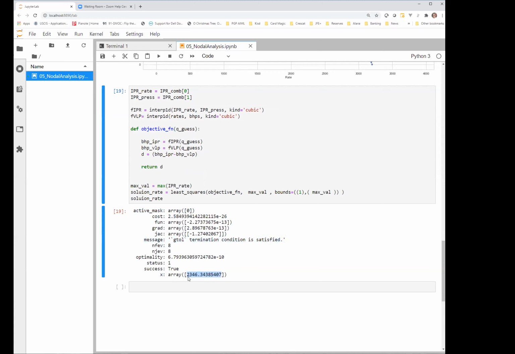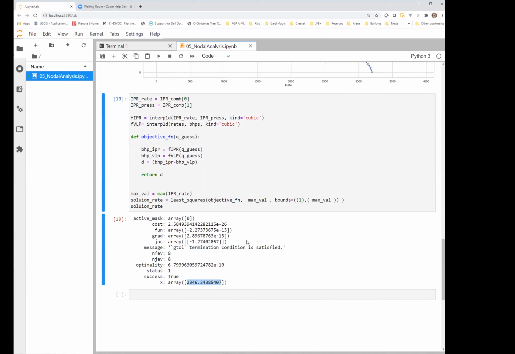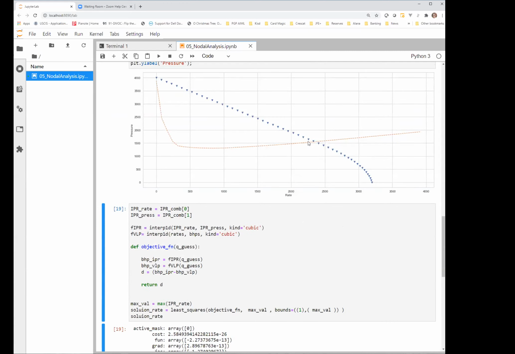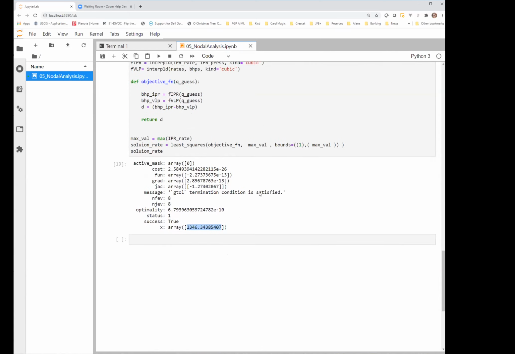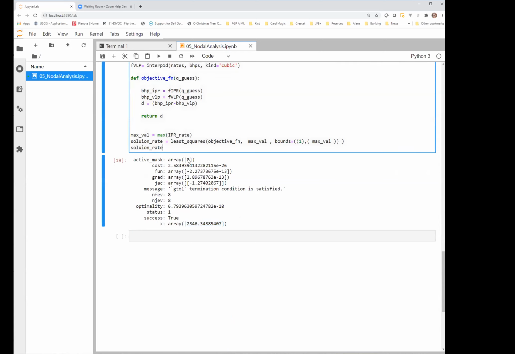And this point is the solution. It's 2346, which seems to be fine, pretty much very close to what we expected. So another elegant way, I can extract from this array the values of X, right?